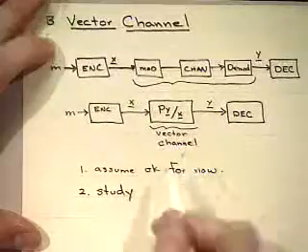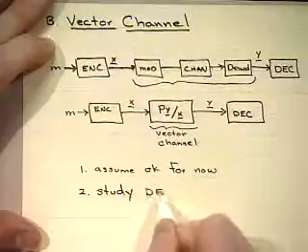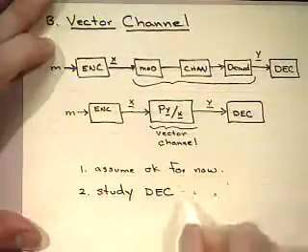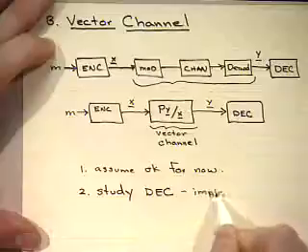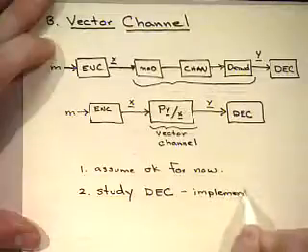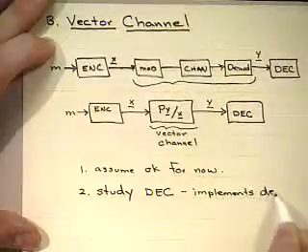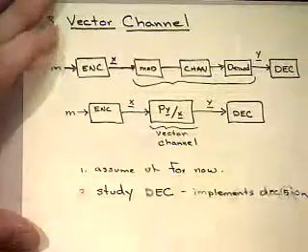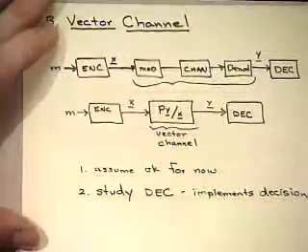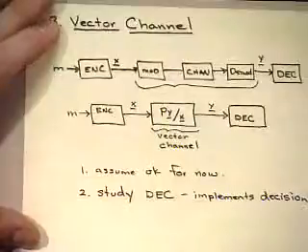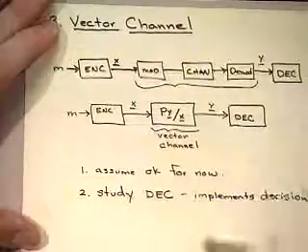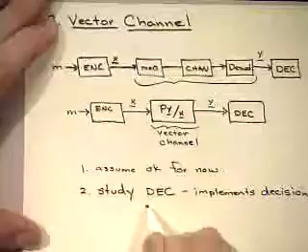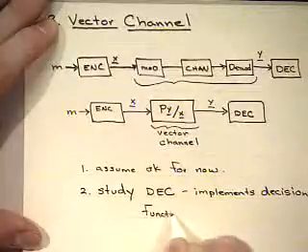We're going to study the detector, the decision device, if you will. And this implements a decision. You'll sometimes also hear the word decoder, decision, detector is another word often used, and they are all used interchangeably.